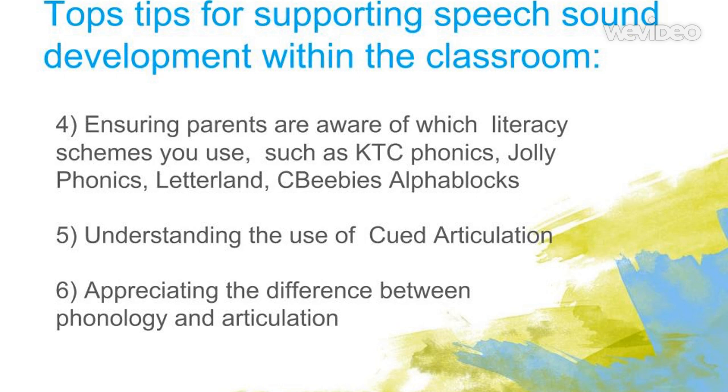So I would say, make sure that parents understand which phonics scheme you are using, and really help them understand, when they're pronouncing words for children at home, how you want them to pronounce the pure letter sounds. How do you want to get them to blend? Helping them realise which sounds are later to develop.